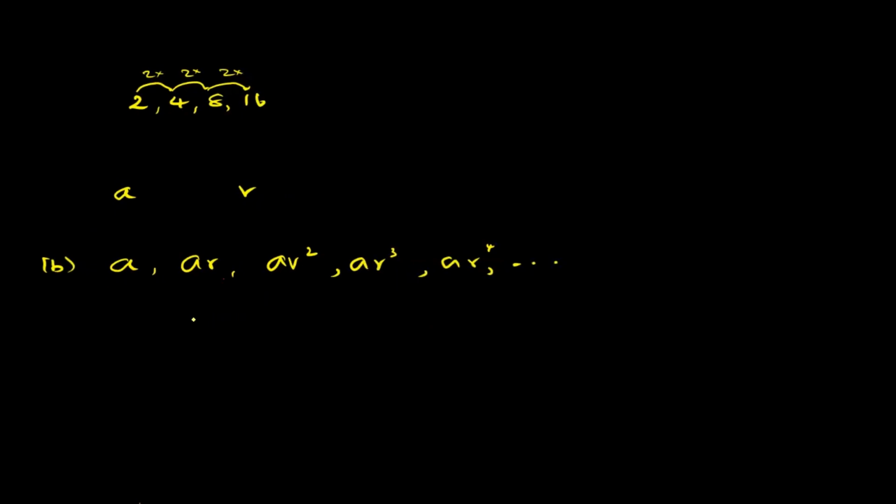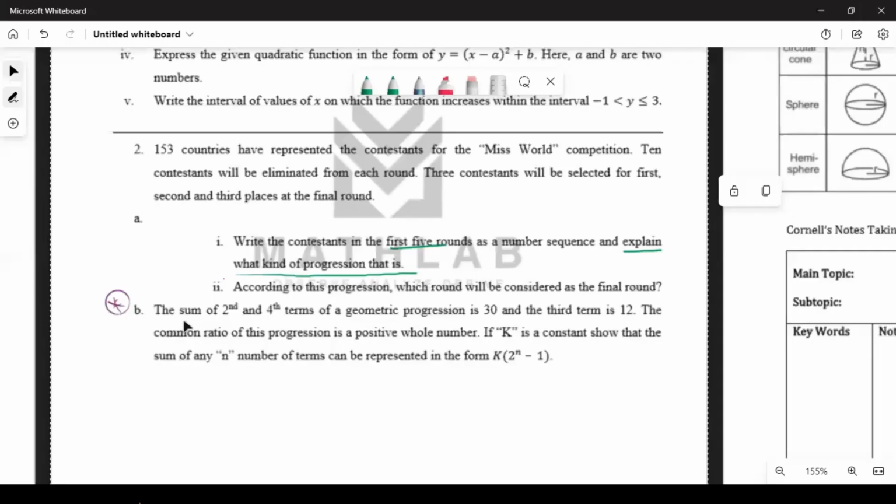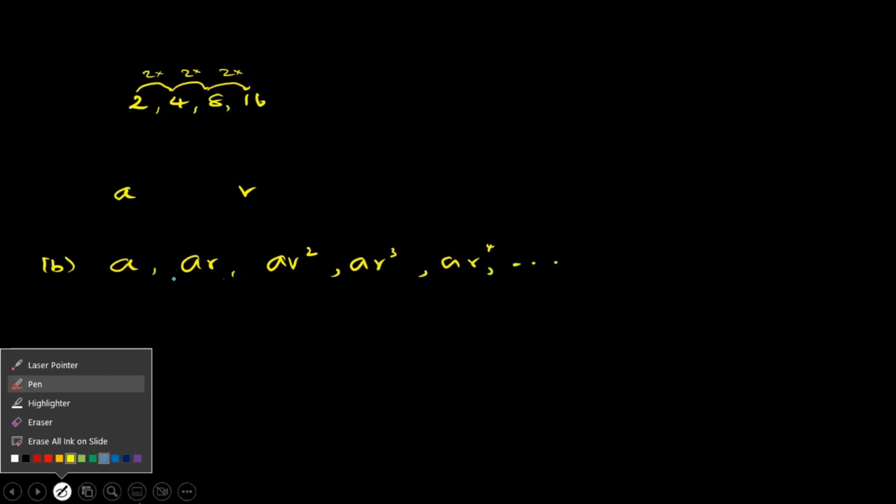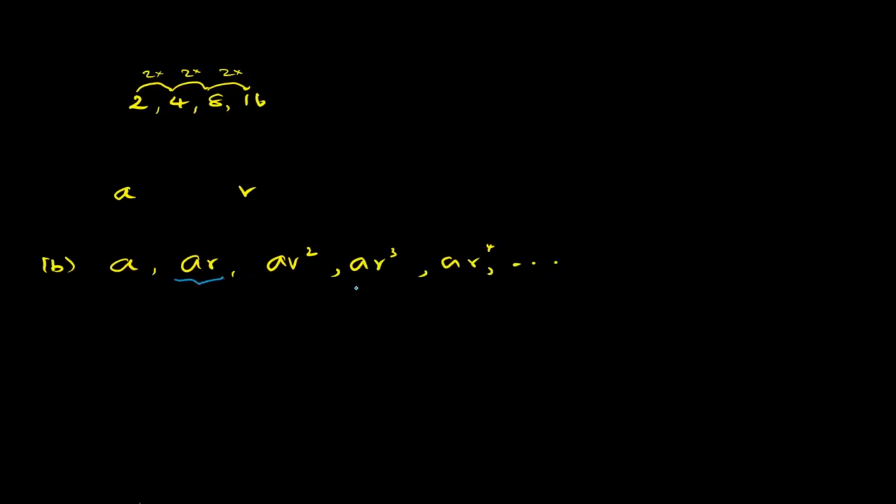This is the progression. So to solve the next part, I'm going to consider this general progression. No issues with that? Okay, right. Now what they're saying is the sum of the second and fourth terms of a geometric progression. Now I will use a different color. According to our notation, the second term is AR and the fourth term is AR cube.